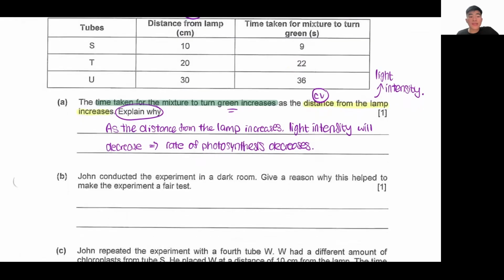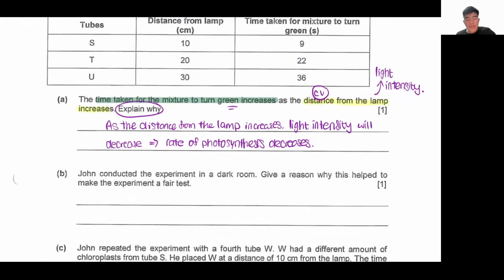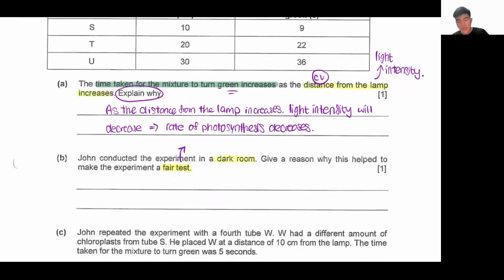Next, in part B, they say that the experiment was conducted in a dark environment. Give a reason why this made it a fair test. Let me revise together with you.